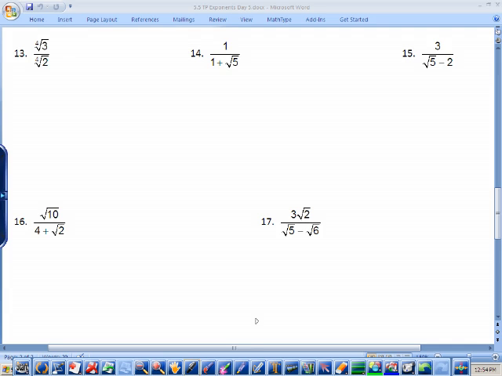Okay, so let's look up here. So 4th root of 2 over 4th root of 2. Why do I have to do it 3 times? Yeah, so that in your denominator, you end up multiplying the 4th root of 2 by itself 4 times.